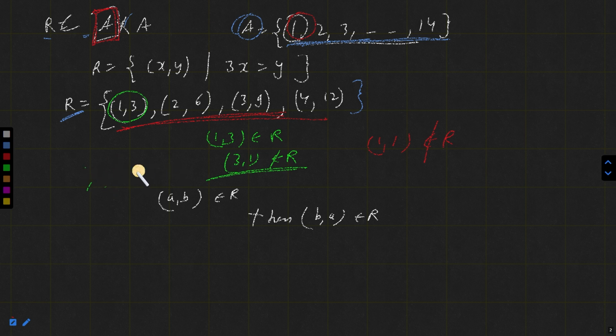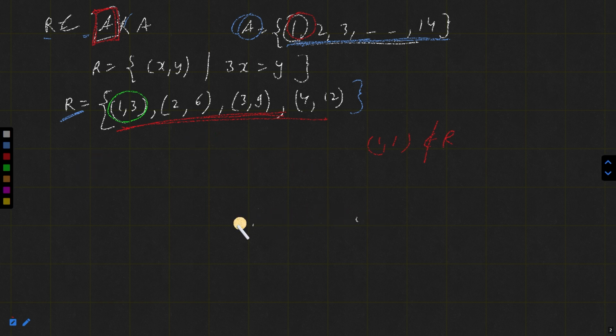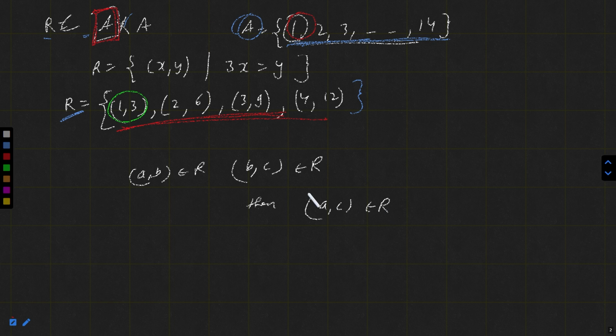Okay, now let's see transitivity. For transitivity, first of all, you have two conditions or assumptions to be satisfied. If A comma B and B comma C belong to R, then A comma C must also belong to R if it is transitive.